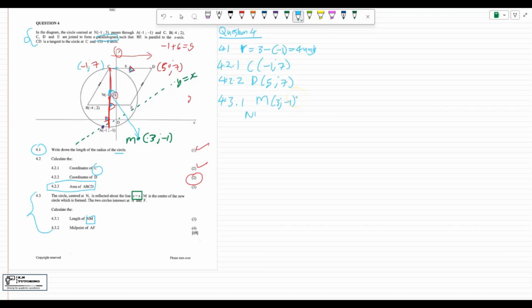So NM is going to be, if you apply your distance formula between N and M, the square root of (-1 - 3) squared plus (3 - (-1)) squared. And the answer there is going to be 4 square root of 2. Okay.